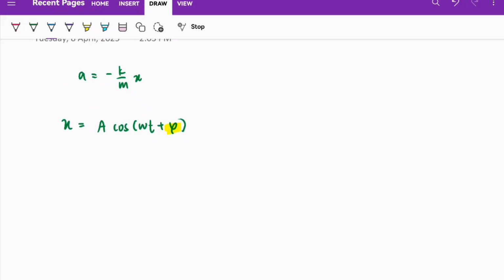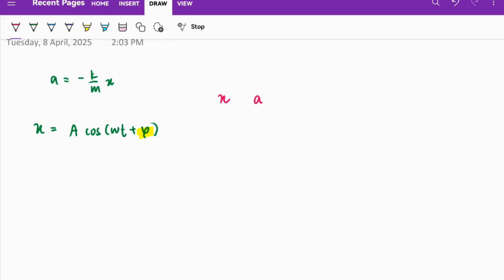Now, we know that displacement, velocity and acceleration are related to each other by calculus, right? Whether it's differentiation or integration. For you to get velocity, you need to differentiate. D means differentiate. If I draw the integral symbol, it means integrate.